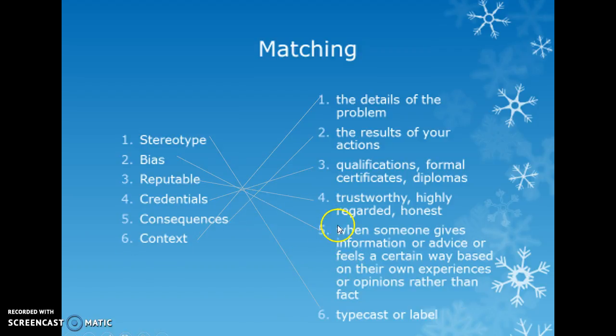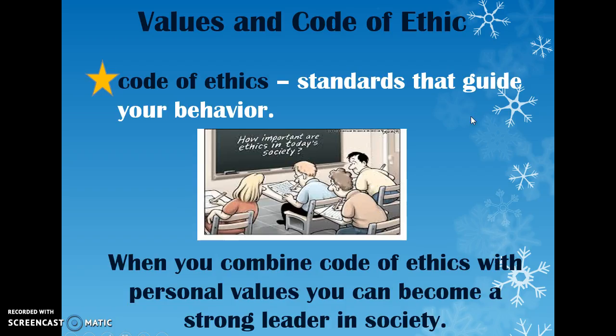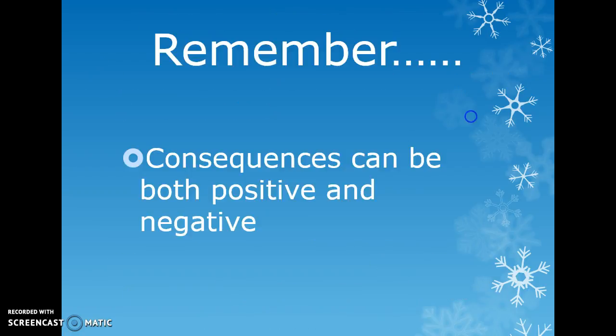So they kind of favor a side. 3, rebuttal would be trustworthy, highly regarded, or honest. 4, credentials would be qualifications, formal certificates, and diplomas. 5, consequences would be the results of your actions, and C, context is the details of the problem. We're going to move on from that slide.